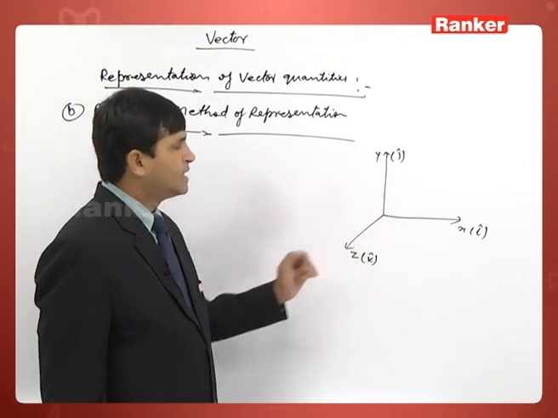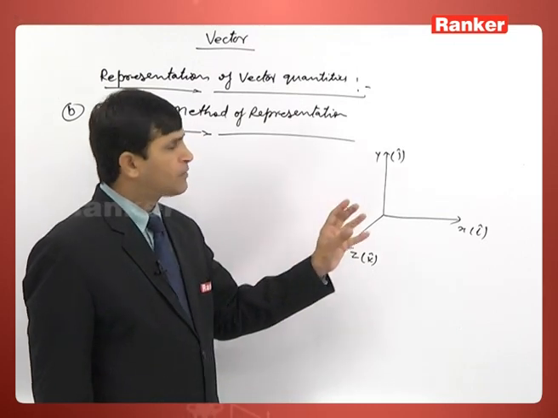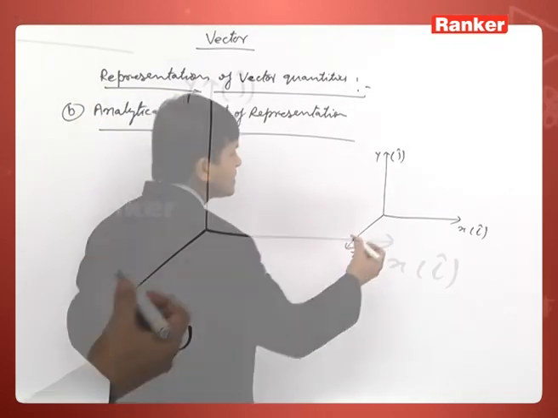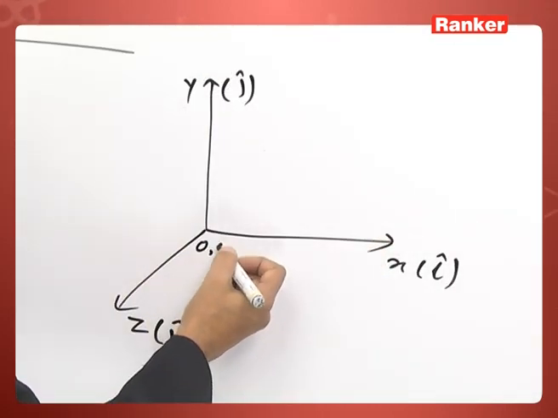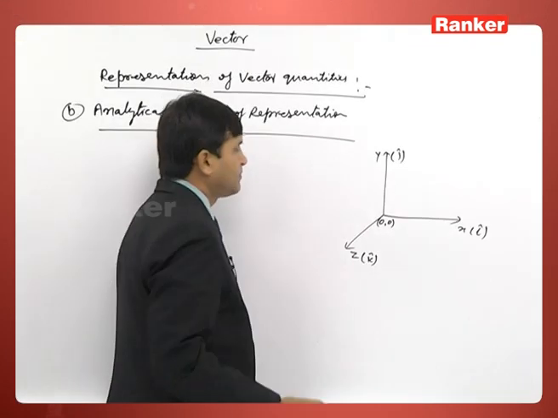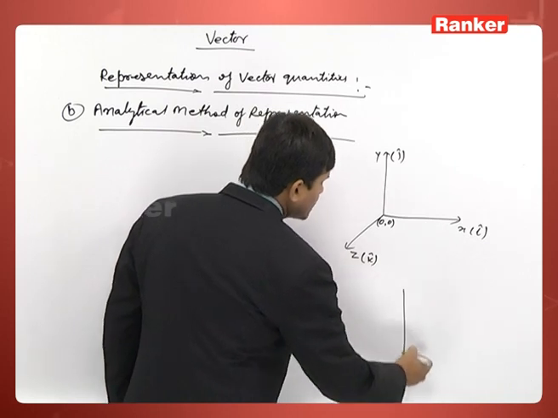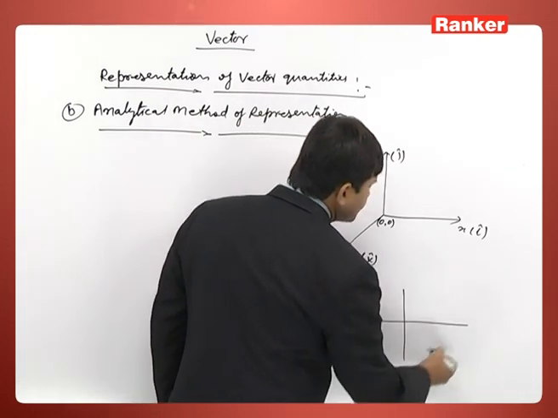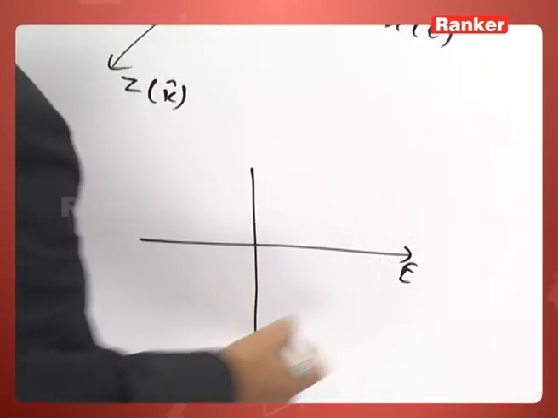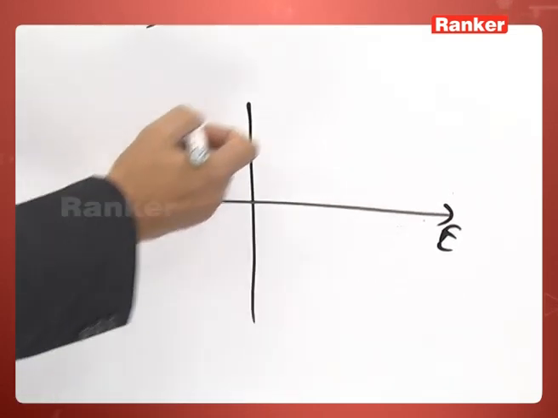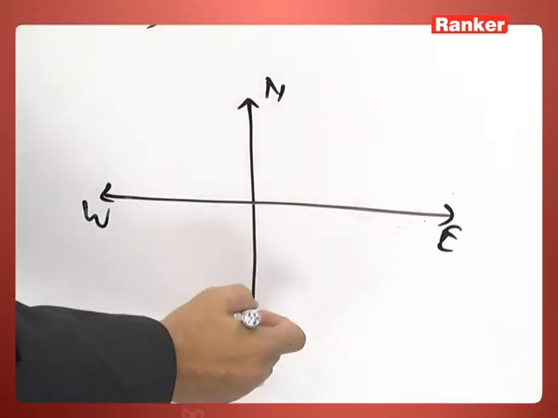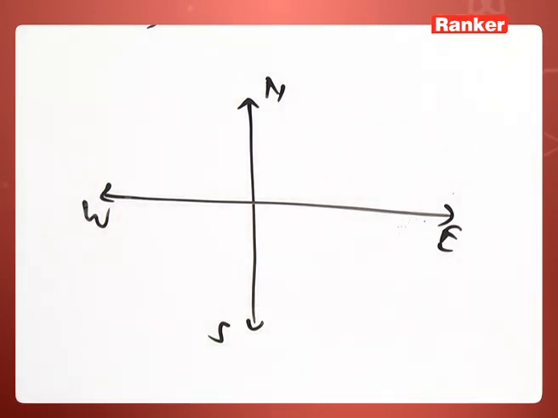The coordinate system is just a simple method of representing different directions. For example, suppose east, west, north, south are given. We can represent those with our coordinate system.